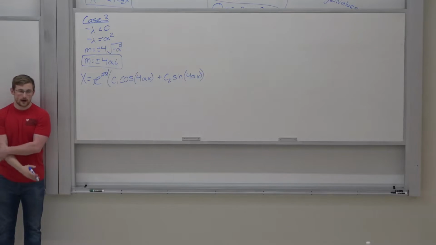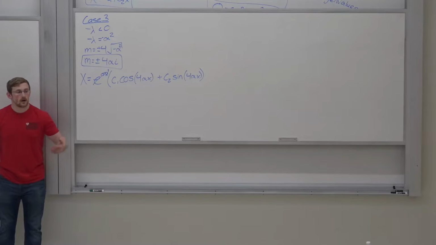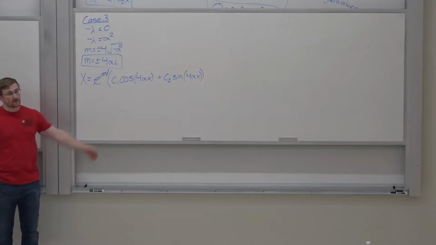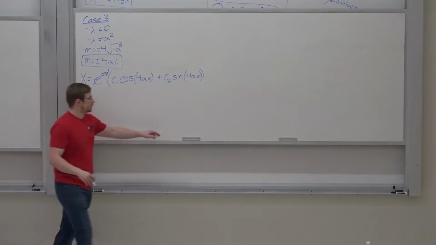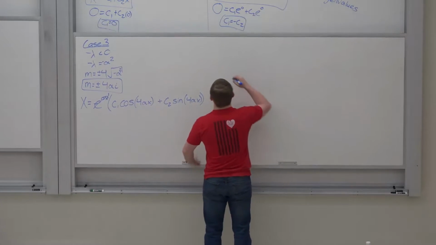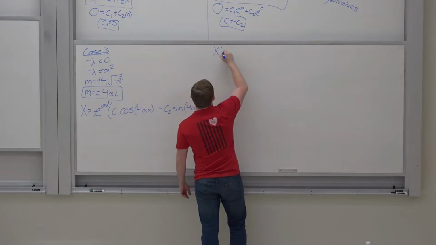So now that I have this, just as I did in case 1 and case 2, I'm going to take my derivative and then plug in my conditions. So let's take the derivative, and we'll write it up here, capital X prime.